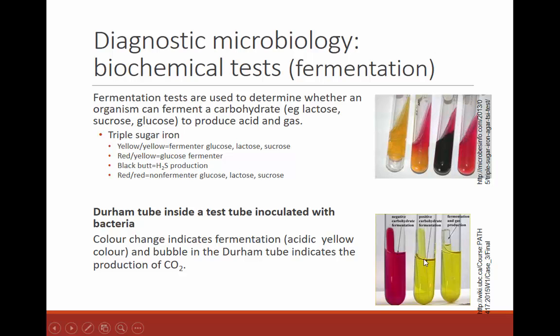In the next one, you've got a change in the indicator, so you've got positive carbohydrate fermentation, but there's no gas in that Durham tube. In the third one, you've got fermentation, so the sugar has been fermented, but you've also got production of gas, and that gas is captured in the up-ended test tube, the Durham tube. So it's a really easy test to do to see if a carbohydrate's been metabolized.